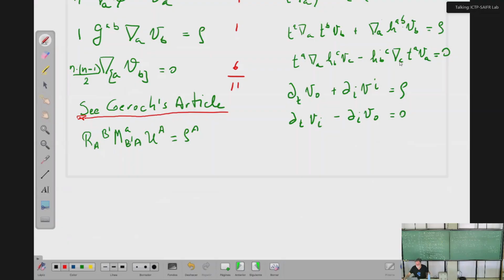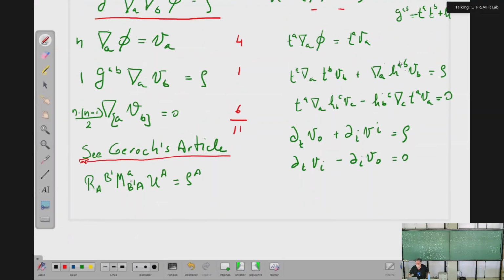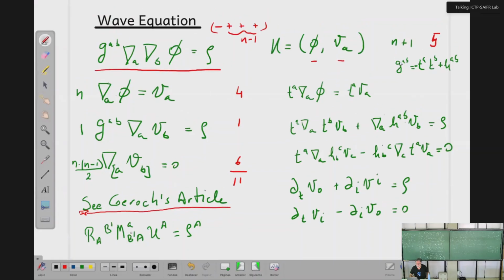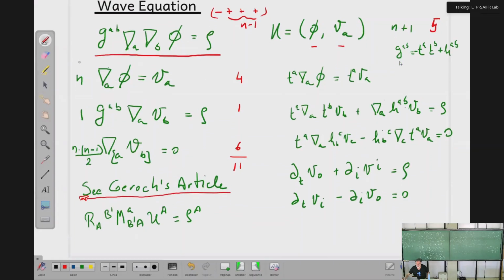And so this is our system, right? This is the system in first order, and we want to find a reduction of this system.